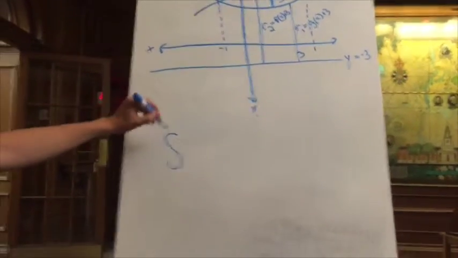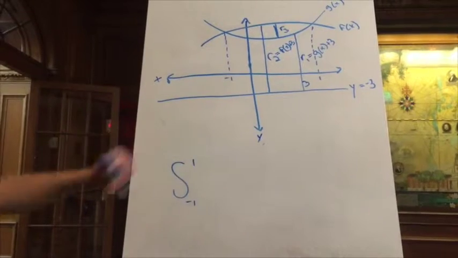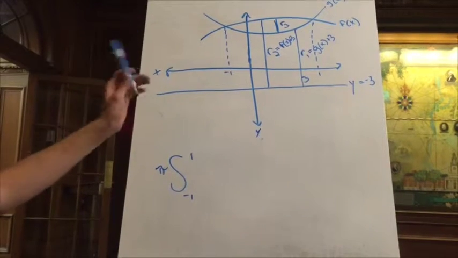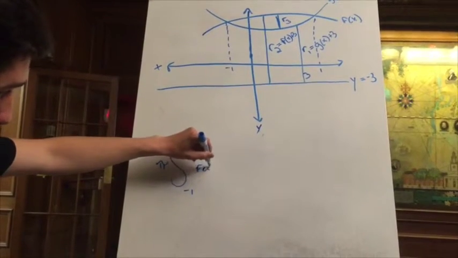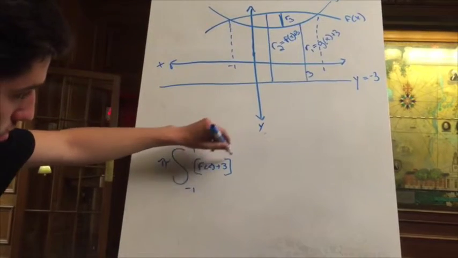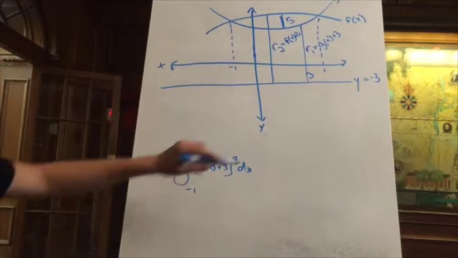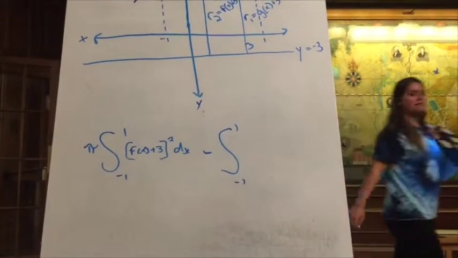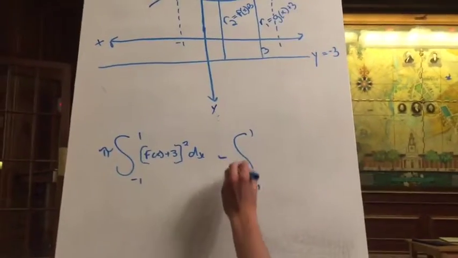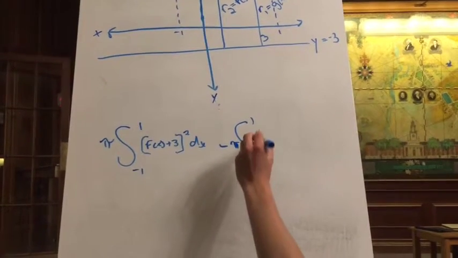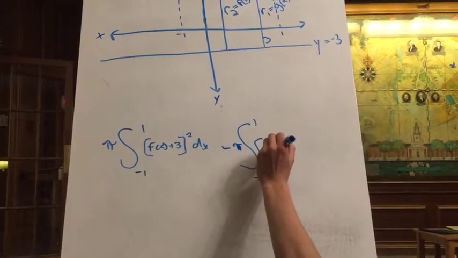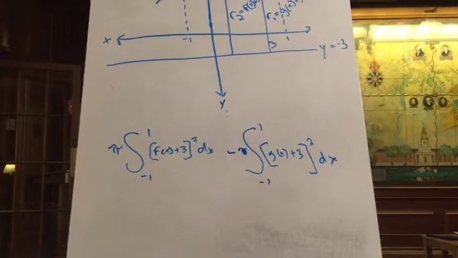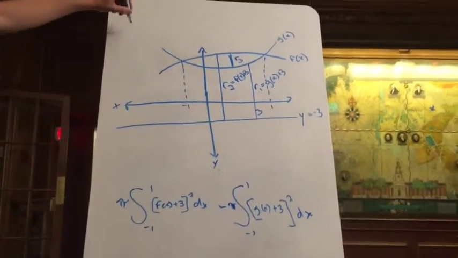So it's going to be the integral between -1 and 1 of pi times r2 squared, which is f of x plus 3 squared, dx, minus the integral between 1 and -1 times pi of g of x plus 3 squared dx.